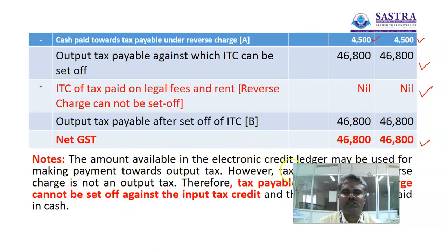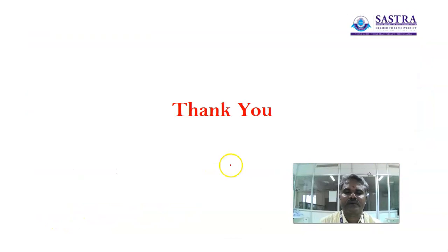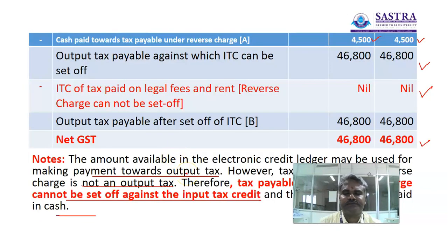The amount available in the electronic ledger may be used for making payment towards output tax. Tax payable under reverse charge is not an output tax. Therefore, tax payable under reverse charge cannot be set off against output tax, and thus it has to be paid in cash. Okay.